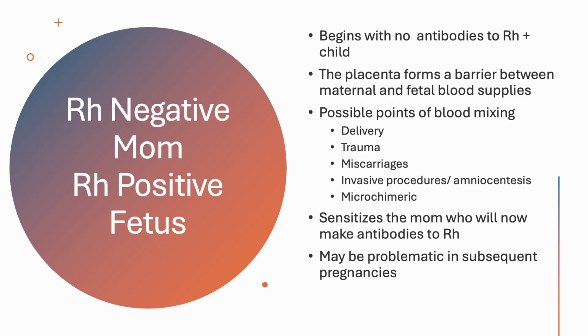This crossing sensitizes the mom, who will now make antibodies to the Rh factor. No big deal for this particular pregnancy typically, but it may be problematic in subsequent pregnancies, as we will see.